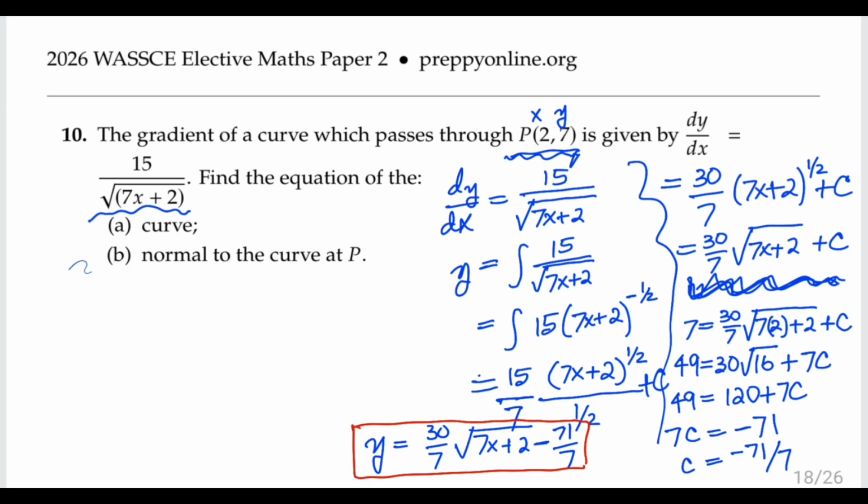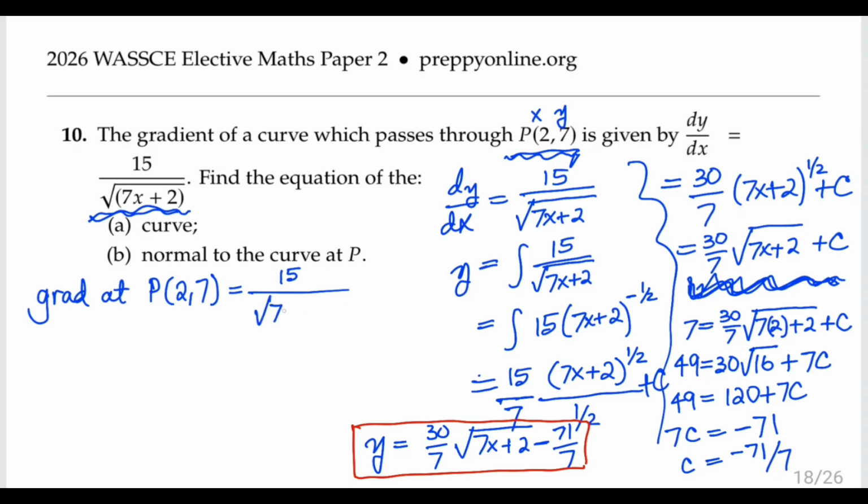So gradient, let me write that. The gradient at this point, (2, 7). What is that gradient? Because we have dy/dx as this, we are just going to substitute the value of x into that. That's going to give us the gradient. So we have 15 over the square root of 7x.